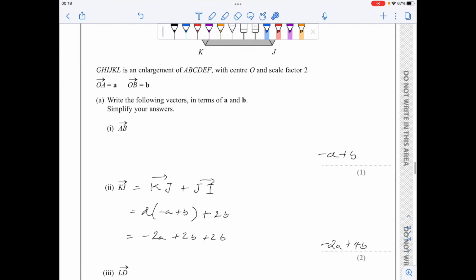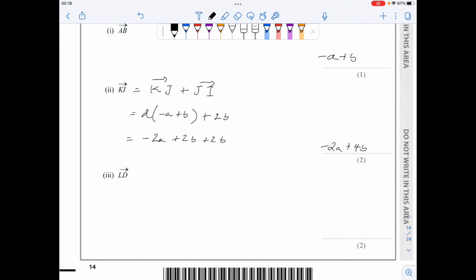So LD is equal to LO plus OD, and then LO is 2 times minus A plus B. OD is the same as going A backwards, so it's minus A. So let's expand: minus 2A plus 2B minus A, which gives me minus 3A plus 2B.